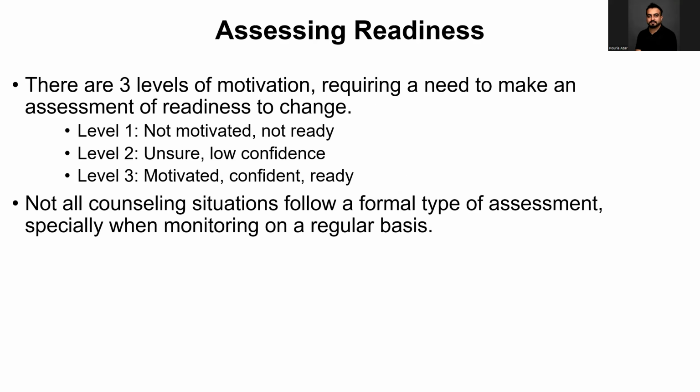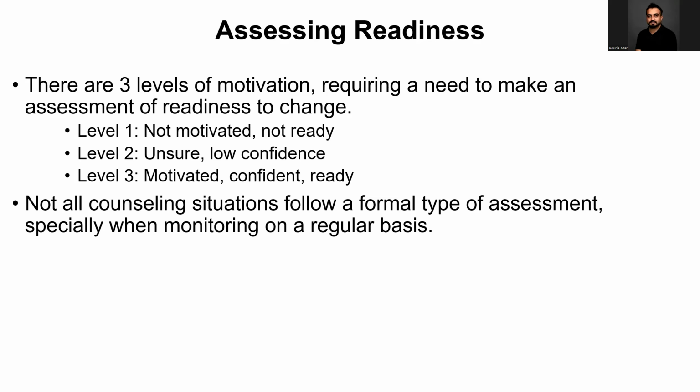So clients at level one are not motivated and they are not ready. At level two of readiness, clients are unsure and they have low confidence. So they are in an ambivalence situation. They are in the ambivalence phase.